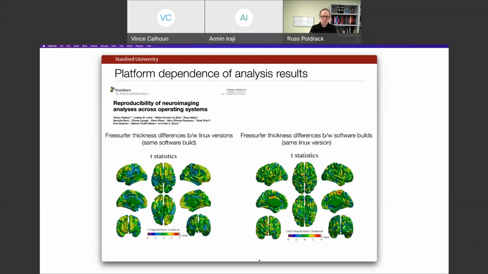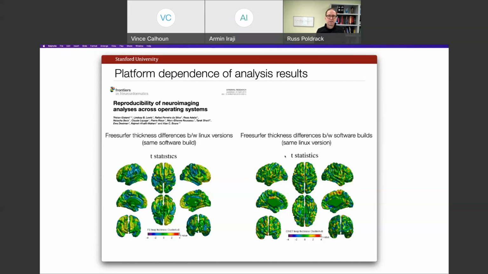So that's one. Clear differences between software versions are kind of an obvious case, but there's also, even when the software remains exactly the same, you can see differences in results. So this is some work from a few years ago by Tristan Glatard and colleagues, which basically showed that the same software build of FreeSurfer run between different Linux versions can give you not hugely, but appreciably different estimates of cortical thickness.